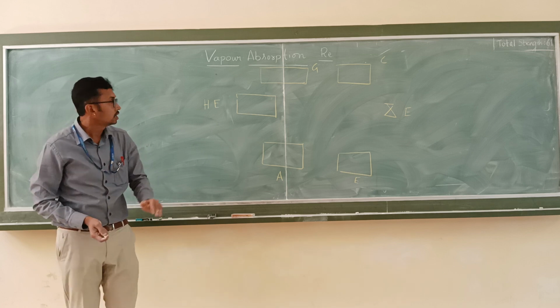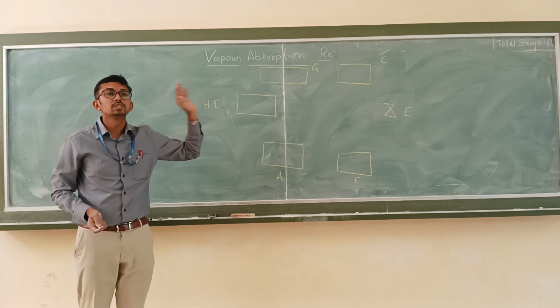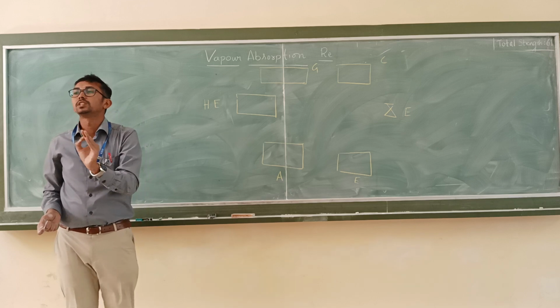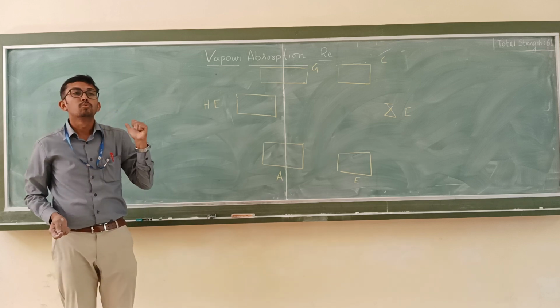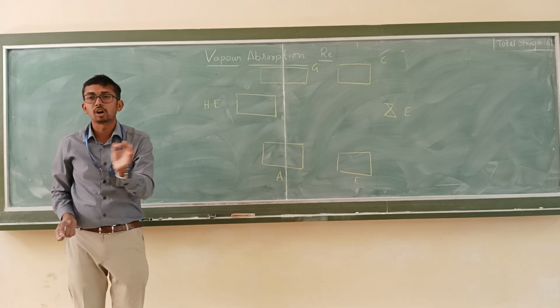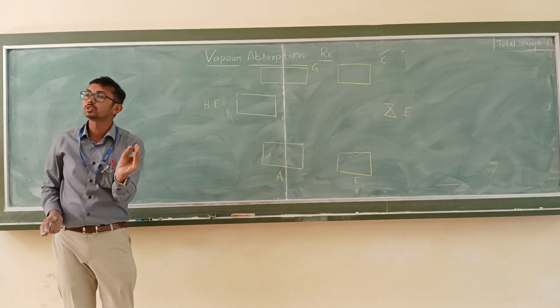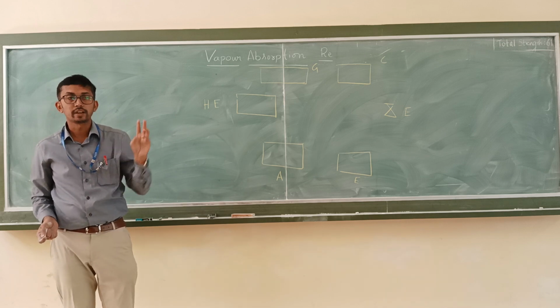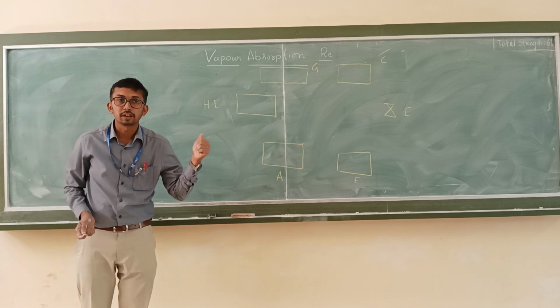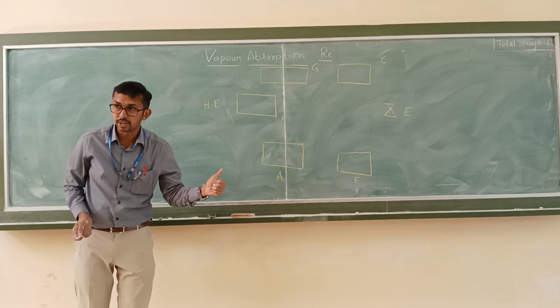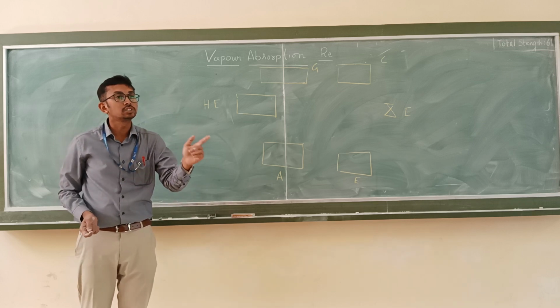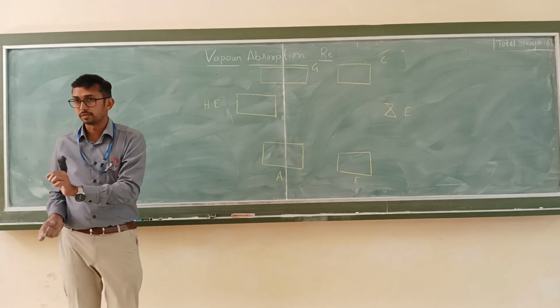Here usually ammonia is used as the refrigerant and water is used as the absorber, because ammonia easily dissolves into water. So ammonia is the refrigerant, the medium of exchange of heat, and water is used as the absorber.